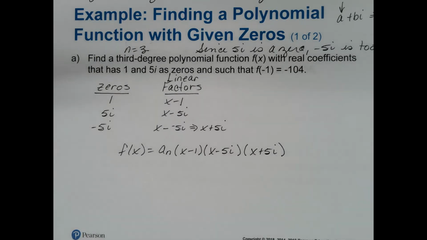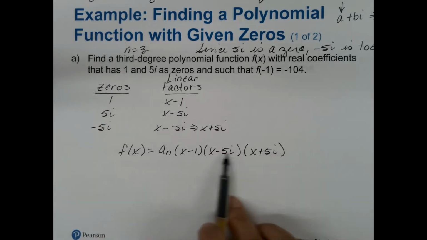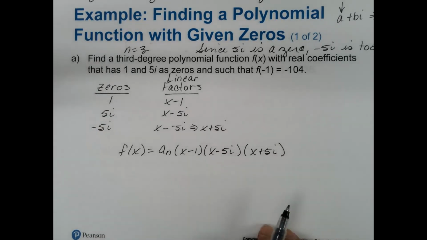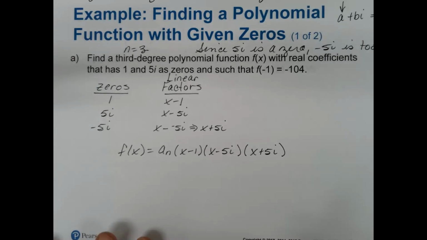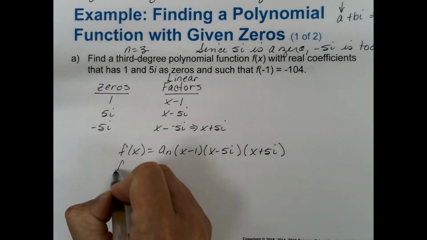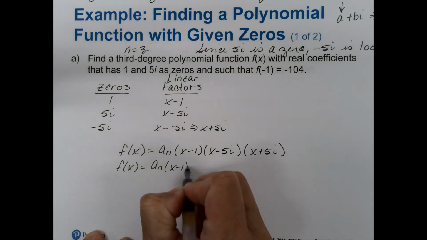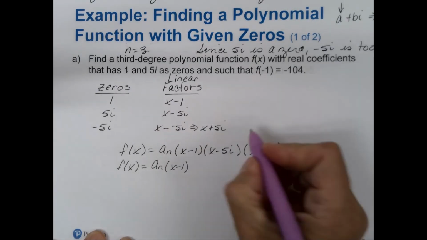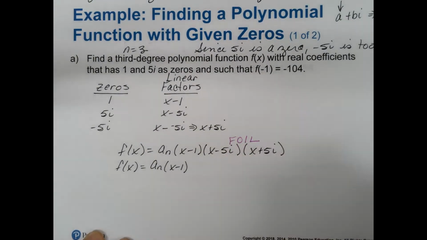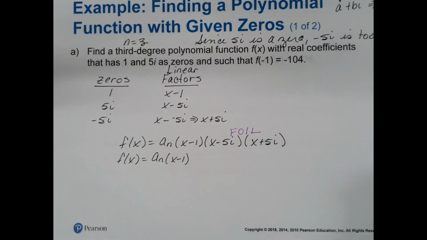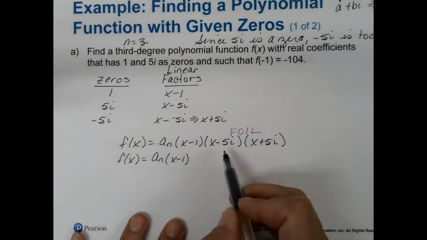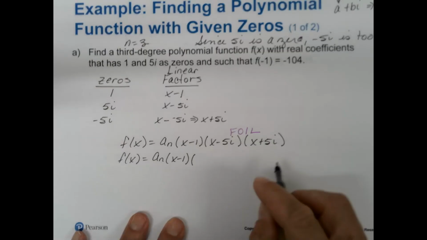Let's go ahead and multiply this part out to help us with the remaining piece. So f of x will equal a sub n. I'm going to keep the x minus 1 out first, and I'm going to use FOIL to help me multiply x minus 5i times x plus 5i.